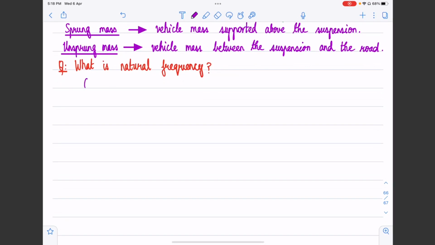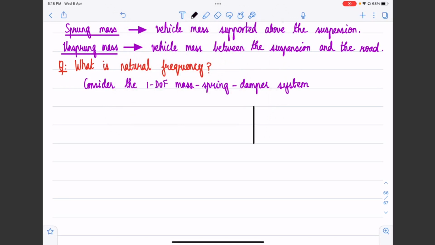Let us first start with single degree of freedom systems. Let us consider the single degree of freedom mass spring damper system. We'll start with the simplest system which we can consider for this analysis. Let me draw a simple schematic for the conventional single degree of freedom mass spring damper system.